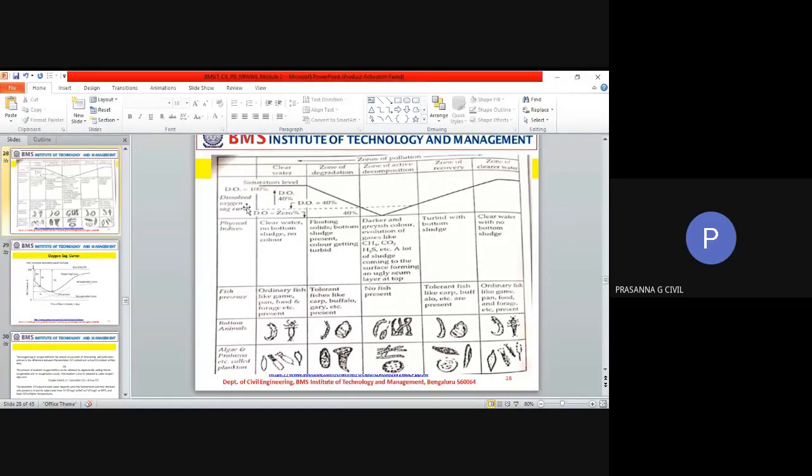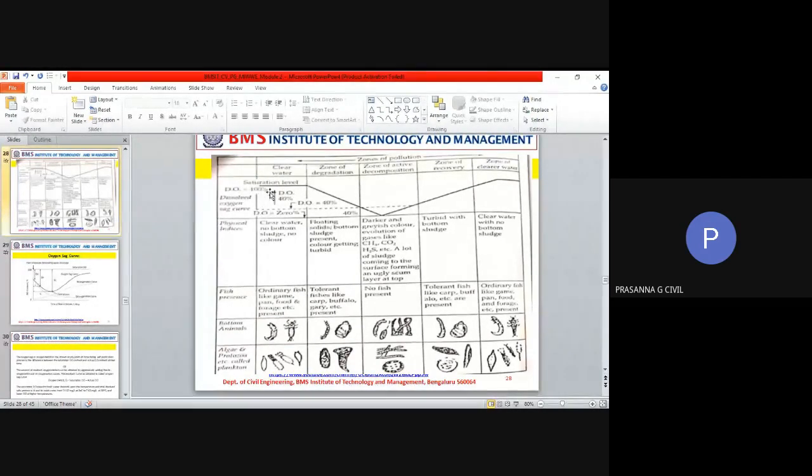If you look at this, when the water is clear in a river or stream, you are expecting it to have saturation level of DO. Saturation level DO means the maximum quantity of DO that can dissolve in that water, but DO is always with respect to temperature.